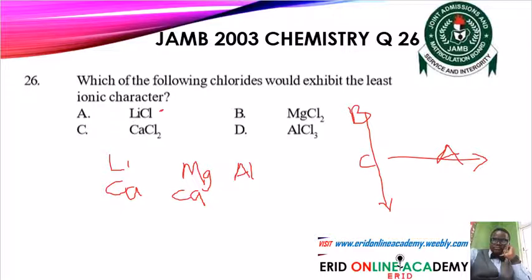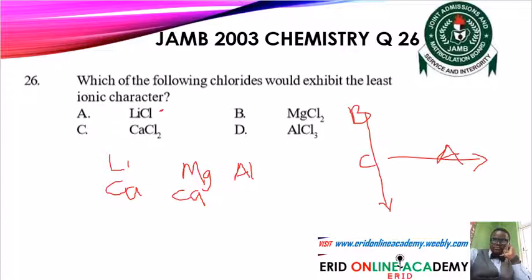So bringing it home, lithium is in group 1, so you would expect lithium to have a stronger ionic character. Calcium is in group 2, magnesium is in group 2, but magnesium is higher in the periodic table, not in the reactivity series, than calcium.